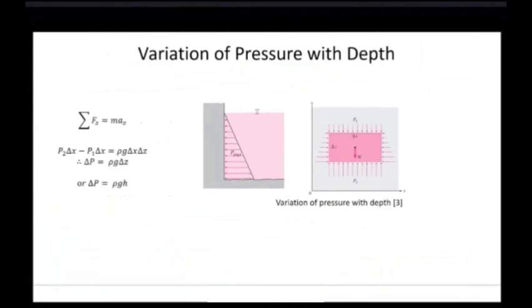So on the right hand side we have a piece of fluid, and we know the pressure at this depth is a certain pressure, P1. As we go deeper, delta Z, so as we move down in the Z direction, P2 increases. So let's consider how we would calculate what that pressure increase is.